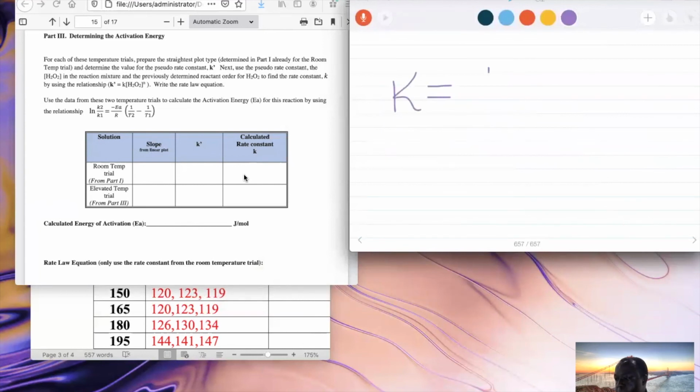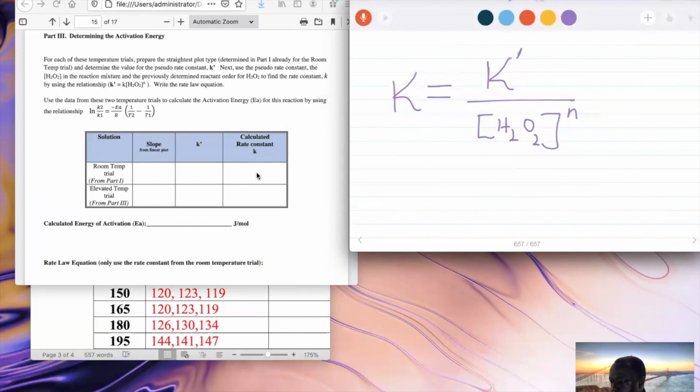K is given by the pseudo rate constant over the concentration of peroxide raised to N. That is to get the calculated rate constant.